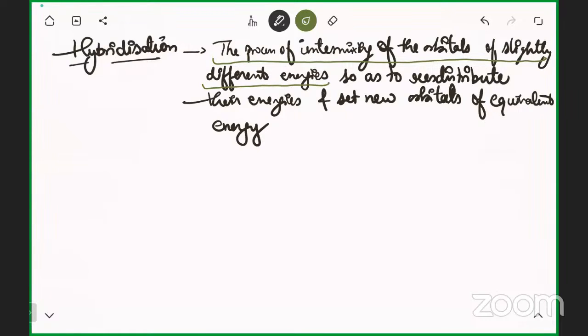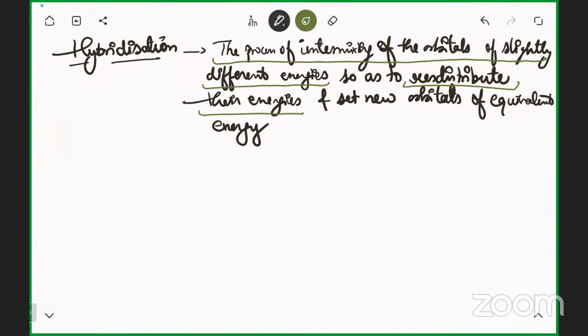First point you have to remember: under hybridization, there is an intermixing of only those orbitals which have a small difference between their energies. Second, when they are intermixing, there is redistribution of their energies.